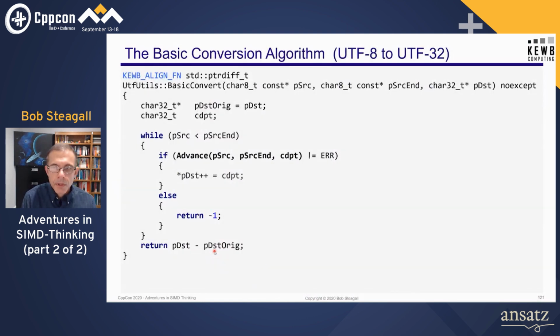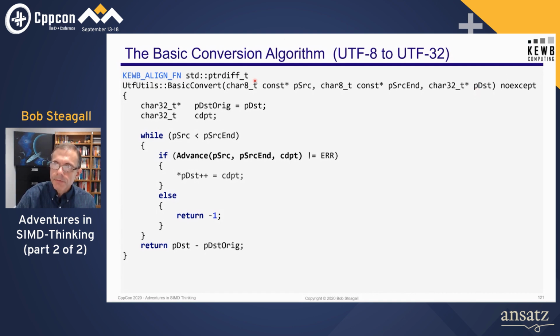Well, first, let's take a brief glance at the basic algorithm, just to have some context. Basically, we get a pointer to the beginning of the stream of octets, a pointer to the end of the stream of octets, and we get a pointer to char32. And char32 is what we use to represent the UTF-32 code points.